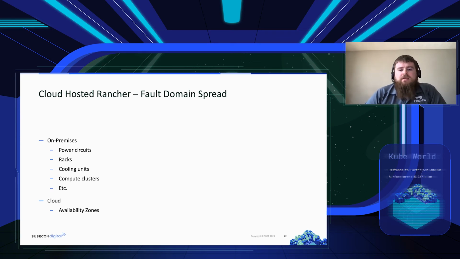You'll want to take into account those availability zones, and most Kubernetes hosted distributions do this for you by adding labels to indicate which availability zone those nodes are running in. Then, when you configure your deployment for Rancher, you can spread those nodes using affinity or anti-affinity, or even label scheduling rules to ensure that replicas of the Rancher instances do not end up in the same availability zone as another replica.